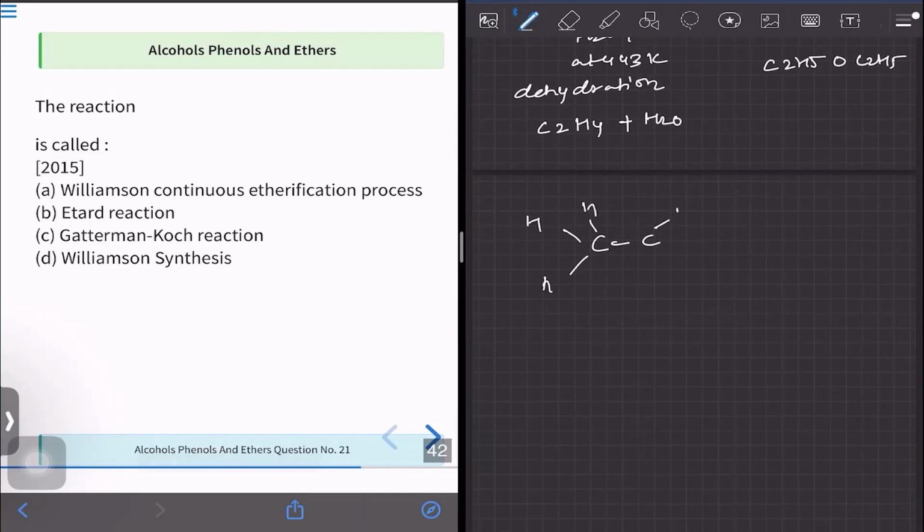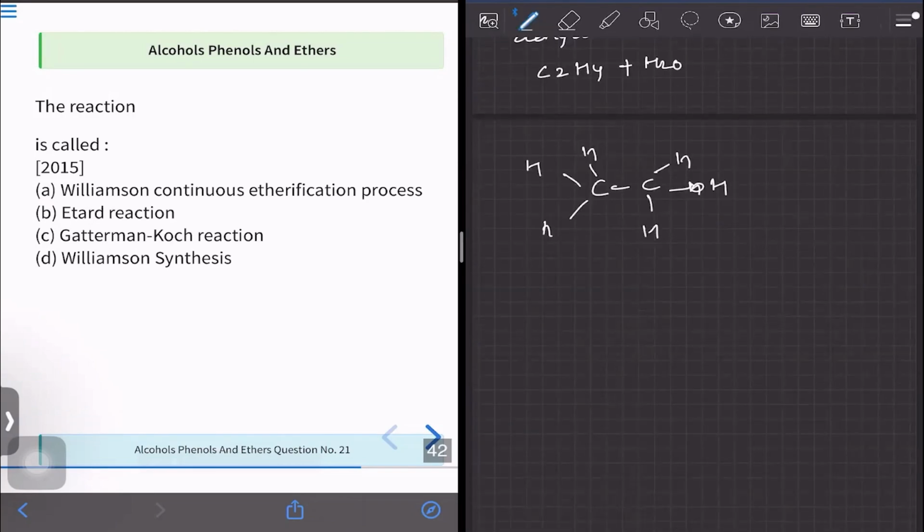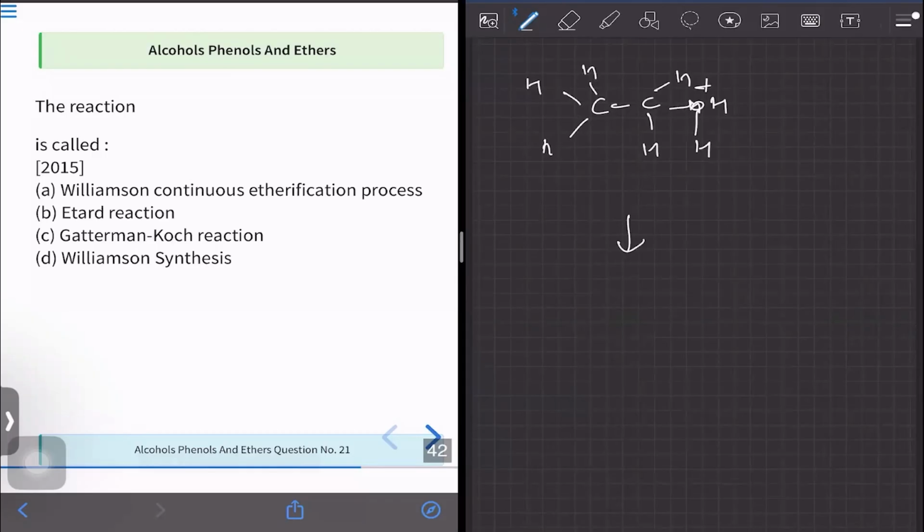C2H5OH, where O will be protonated alcohol. Then when it reacts further with this other OH, here it produces negative and here it produces positive.